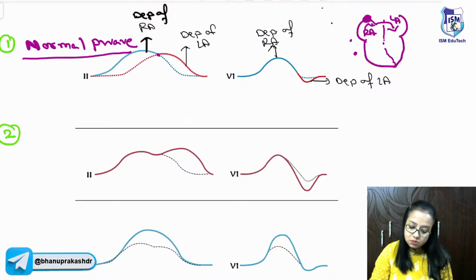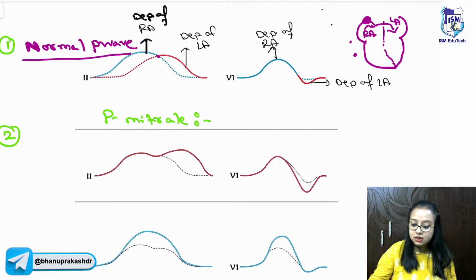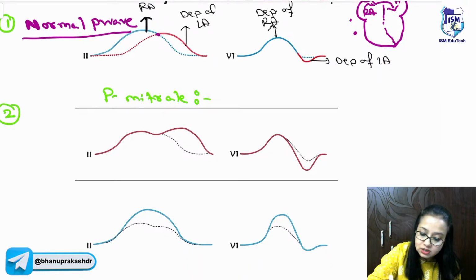This picture is of P mitrale. How does the wave look in P mitrale? What is P mitrale?